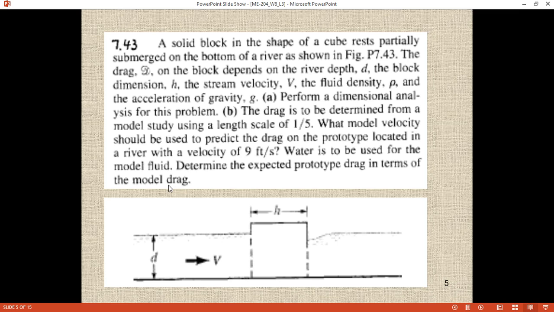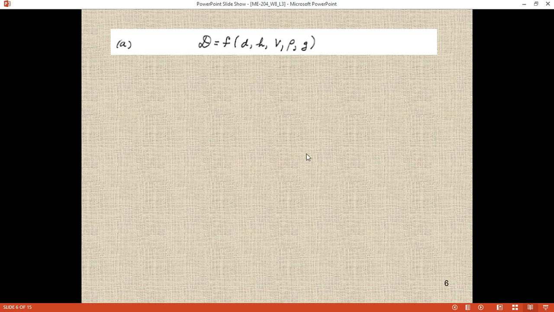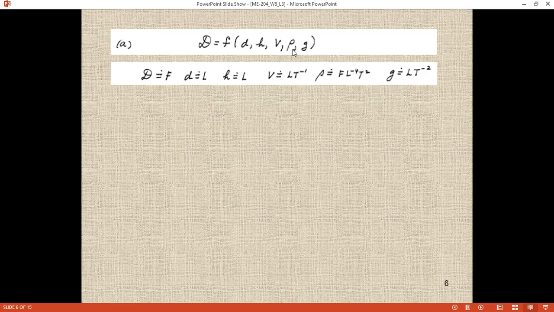So the first step is to find out the total number of dependent and independent variables. So this is the total number of variables we have, and we have converted them into fundamental dimensions.